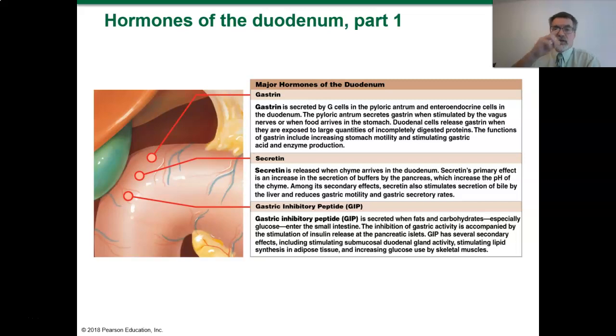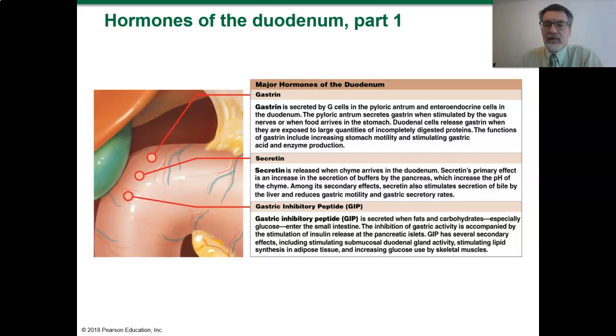Right? The hormone gastrin was also produced by those gastric pits, right? Gastrin is secreted by the G cells of the pyloric antrum. These enteroendocrine cells there are important in regulating the digestive function of the stomach.